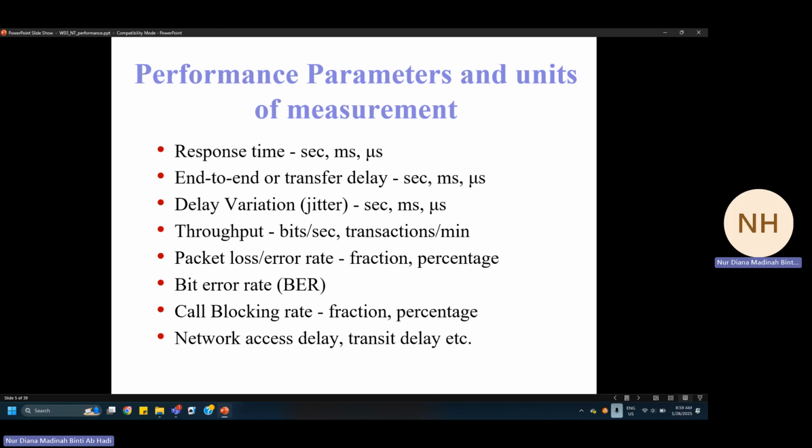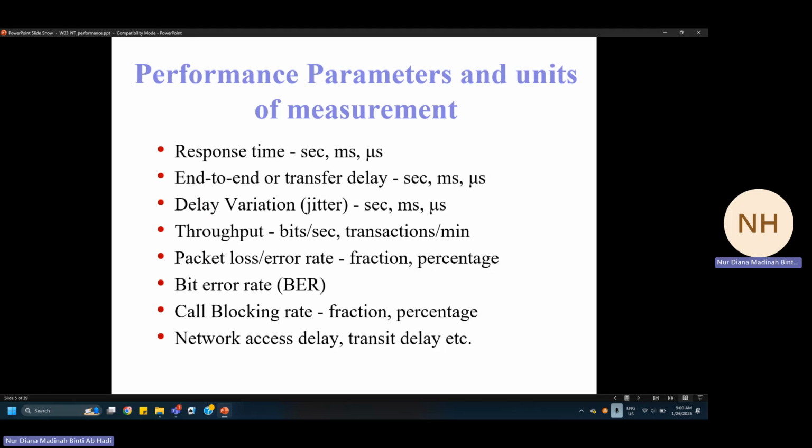So these things you need to remember. But it is special when we go for throughput. We need to check based on the bits per second being transferred or how many transactions can be done per minute. That's why it uses bits per second and transactions per second.